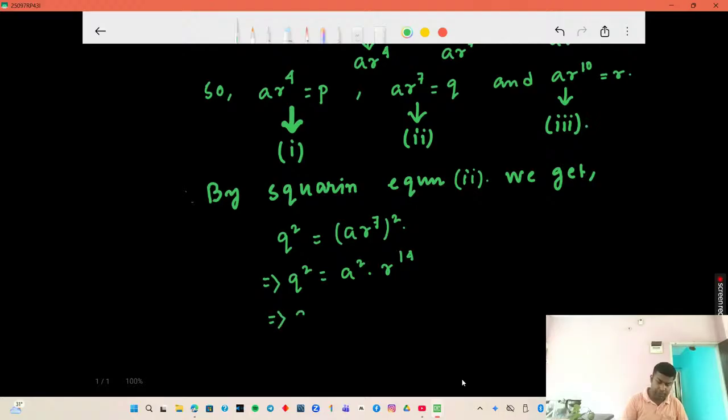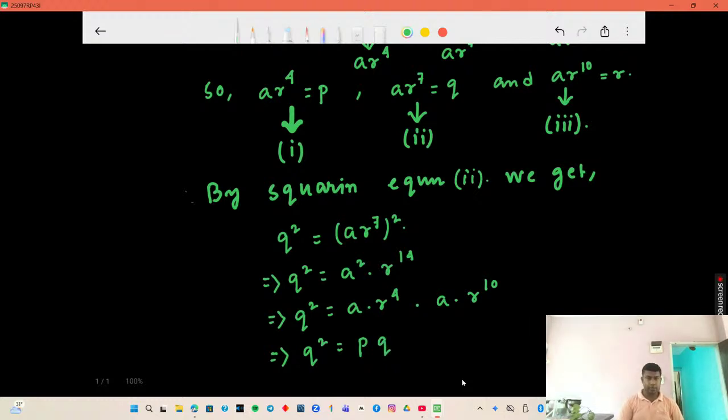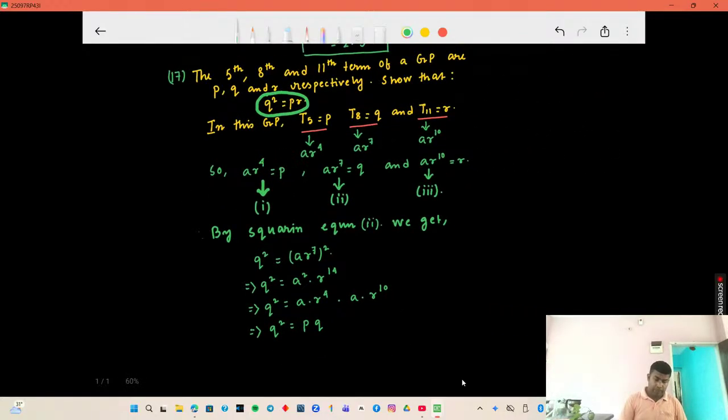So now we will split this as A into r to the power 4 into A into r to the power 10. So here we can see that A into r to the power 4 is equal to P. So here we need to prove Q square is equal to PR.